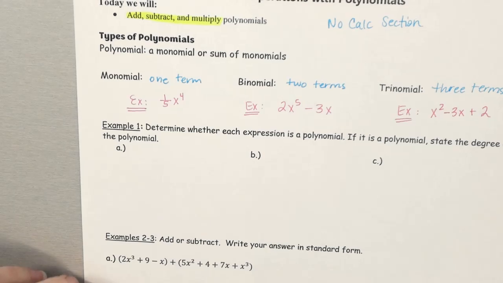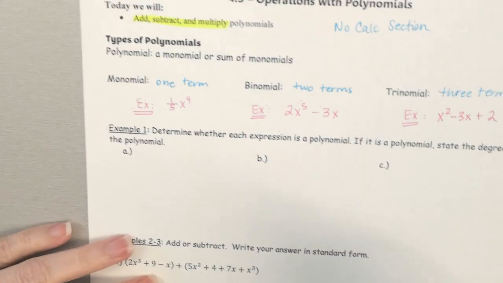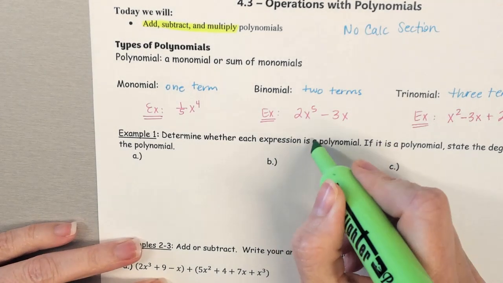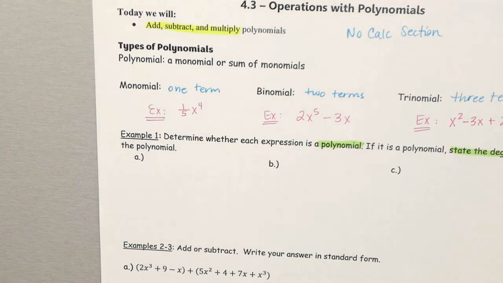So in example 1, we have to determine whether each expression is a polynomial, and then if it is, we're going to state the degree. So the first thing is to determine whether it's a polynomial, and then if it is, we state the degree. So let's remember from the other day, things that polynomials can't have, really. That's going to be easier.